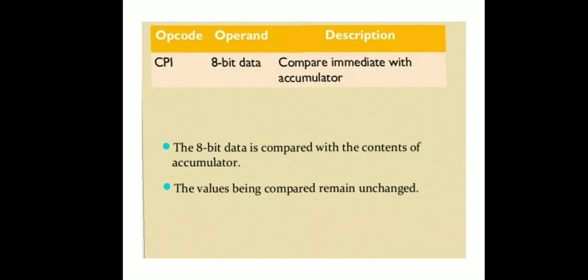Now compare immediate with accumulator. In this instruction, the 8-bit data is compared with the content of the accumulator. The values being compared remain unchanged. That is, the data of the accumulator is not changed, only the flag status reflects the result of the operation.